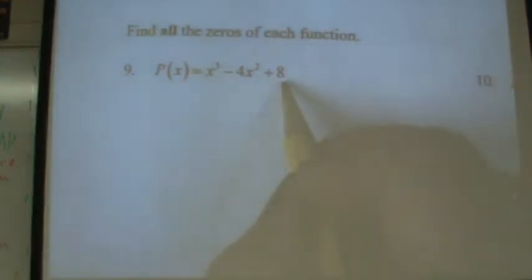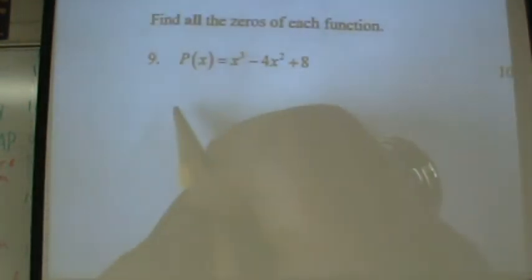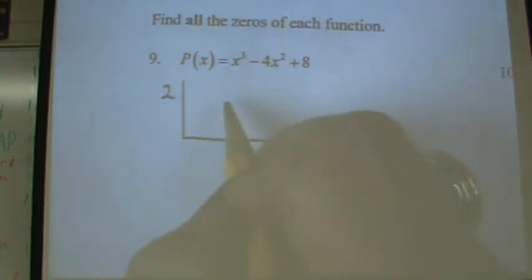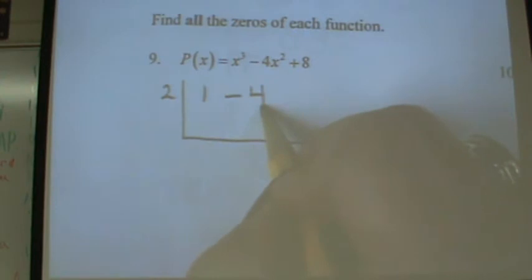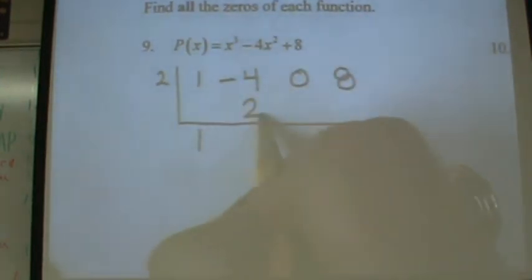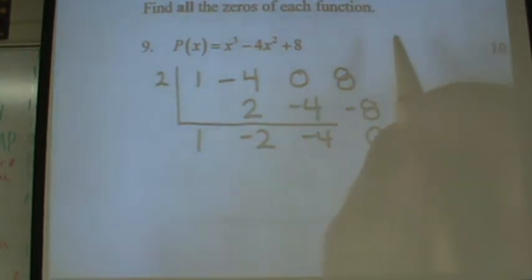Number 9. For this one, you're going to use the P over Q test, and I tried 1. 1 doesn't work, and then I tried 2. 2 works. So if you put a 2 in here, 1, negative 4, 0, and 8. Bring down the 1, multiply, add, multiply, add, multiply, and you get your first 0.